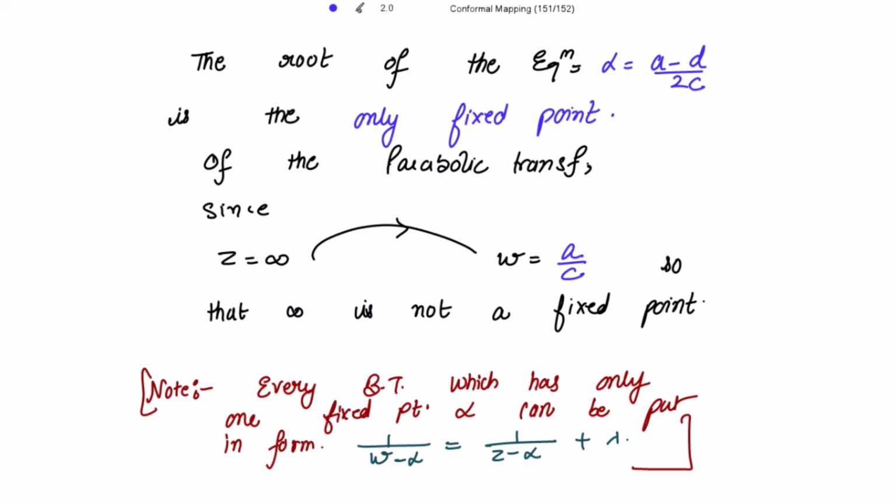Every bilinear transformation which has only one fixed point alpha can be put in the form where this is your fixed point alpha.